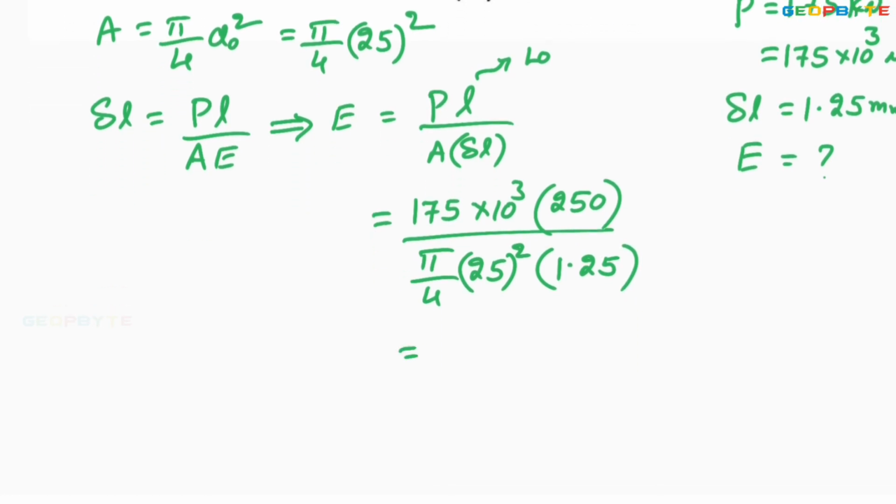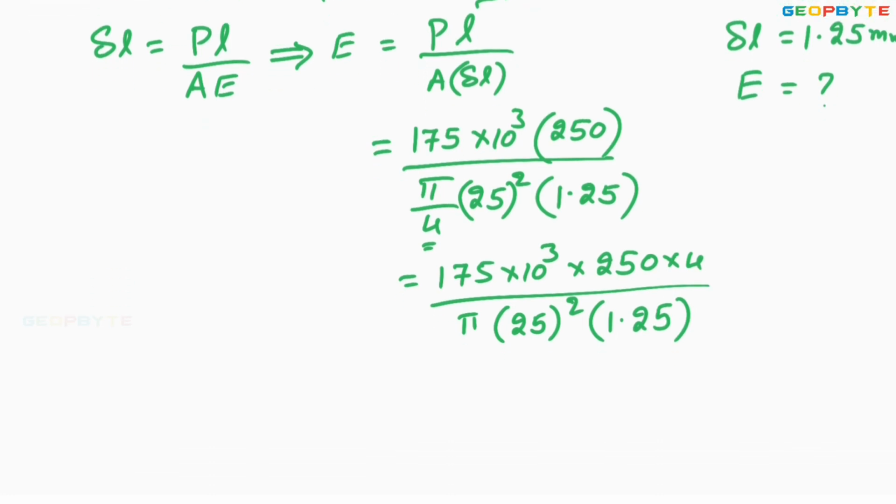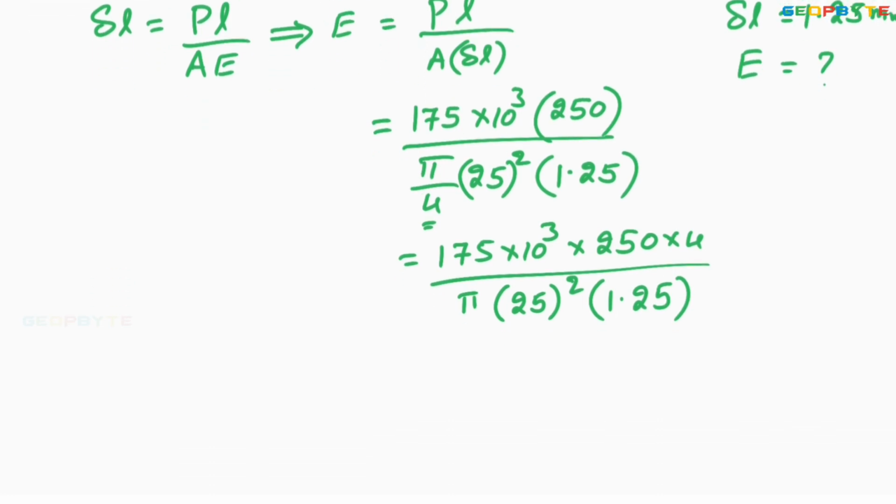So it can also be written as 175 into 10 raised to 3 into 250, this 4 goes up, into 4 divided by pi into 25 square into 1.25. You simplify this value.